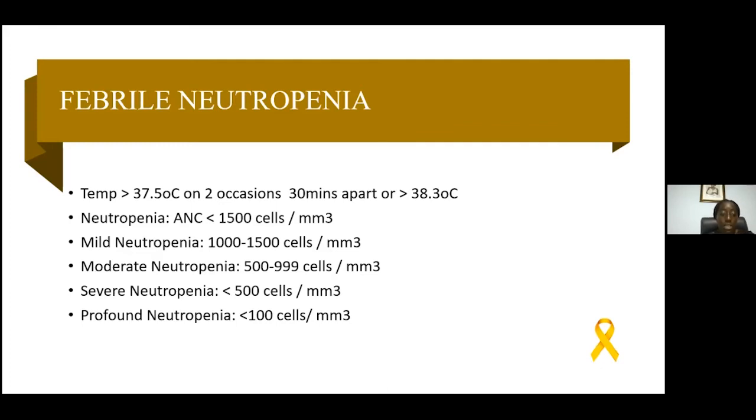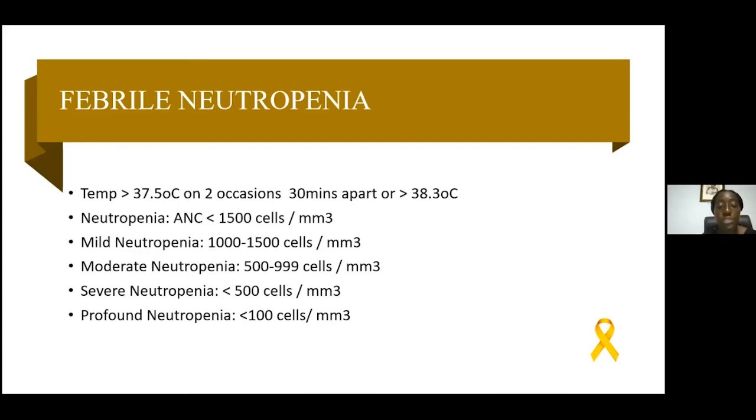At less than 500, in addition to your antibiotics, you also want to cover for fungal and viral infections. So you put them on fluconazole and acyclovir because they have severe neutropenia. And less than 100 is profound neutropenia.